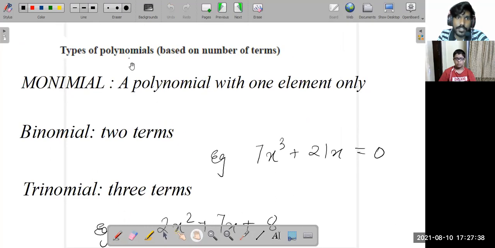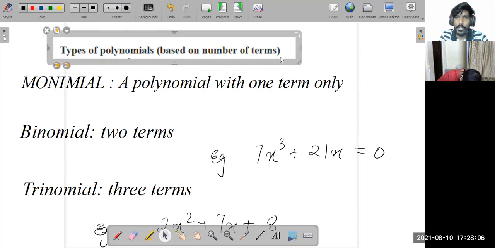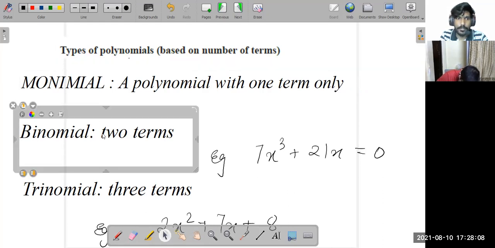After that, just write types of polynomials. Put the heading types of polynomial. Under that heading, write first monomial, a polynomial with one term only.